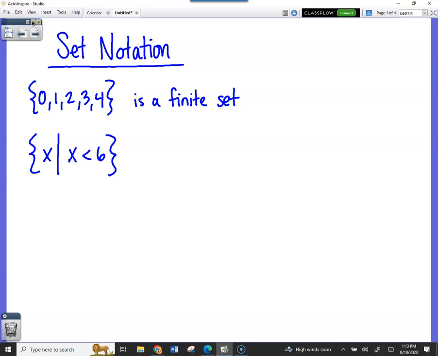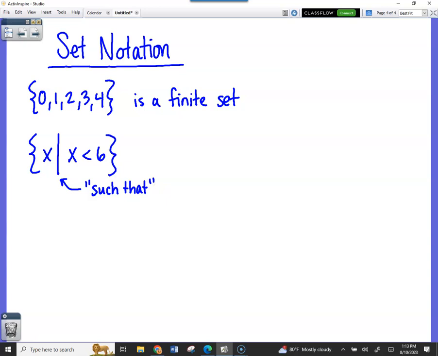So draw your set, write an X, draw a very big vertical line, not an L, even more dramatic than an L. And then X is less than 6. The dramatic line stands for such that. Meaning, here's a condition, here's a rule.